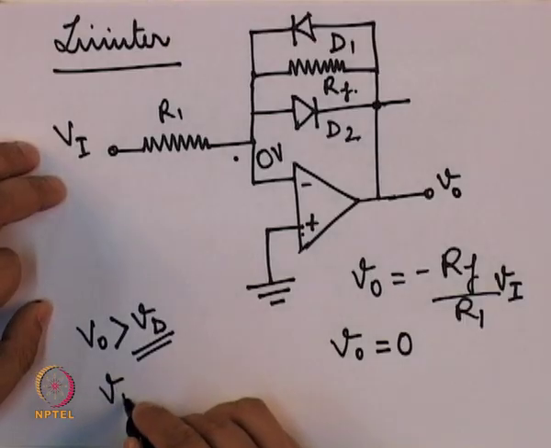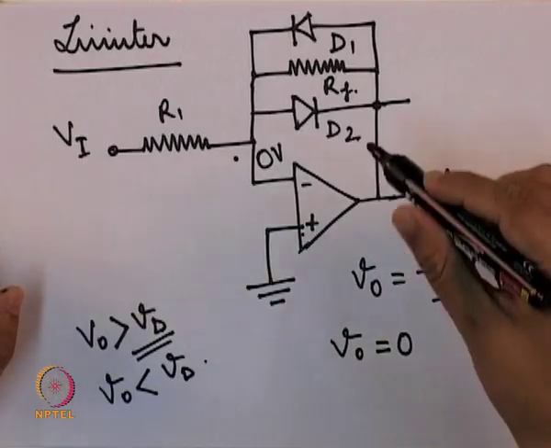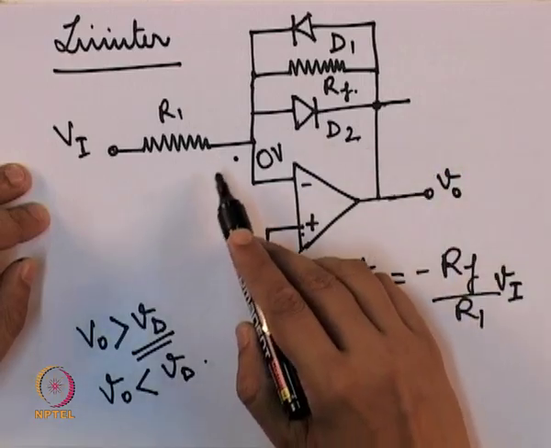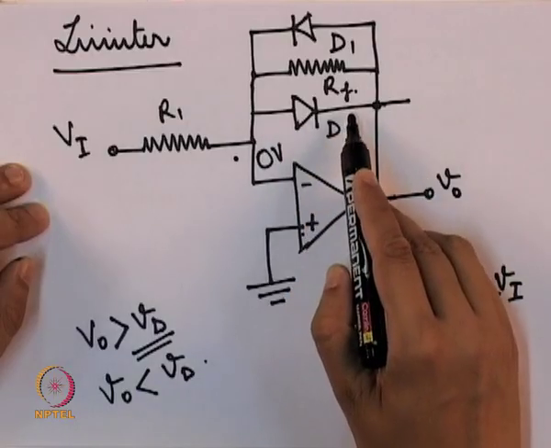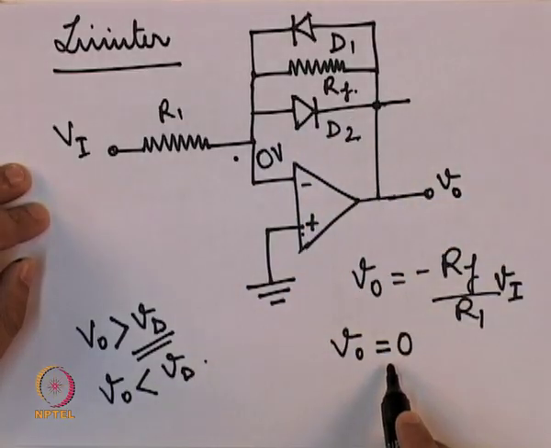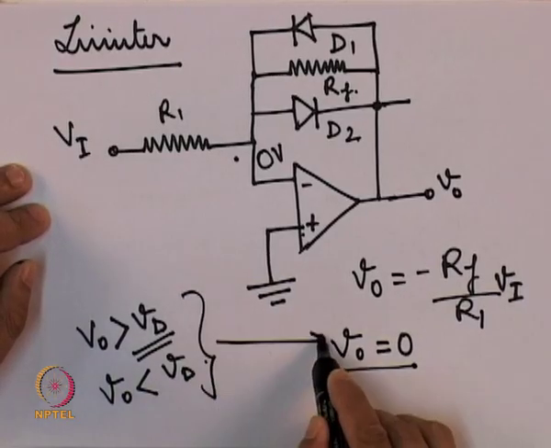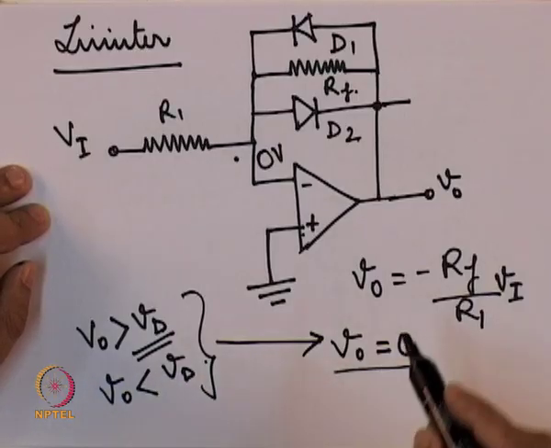Similarly, if Vo is lesser than minus Vd for some reason, then also a similar sequence of events will happen. First, diode D2 will start conducting. Once diode D2 starts conducting, Vo will again be equal to 0. So, whenever these two conditions happen, Vo will immediately become equal to 0.